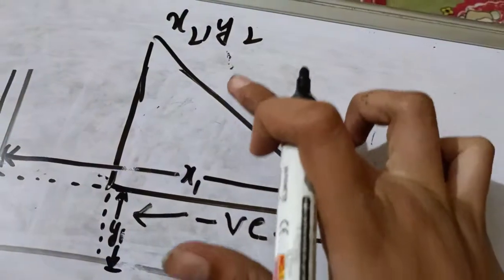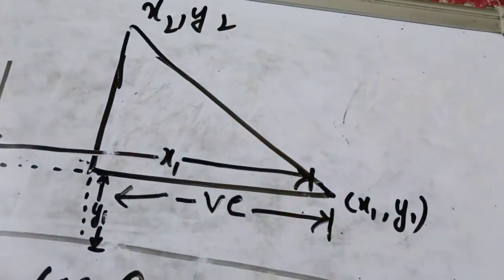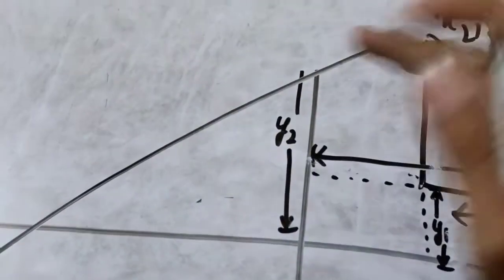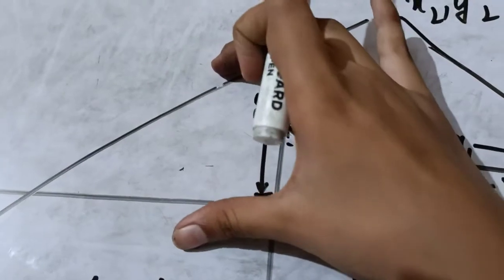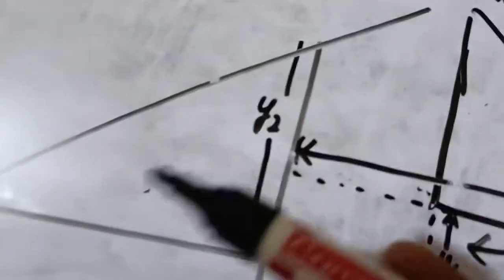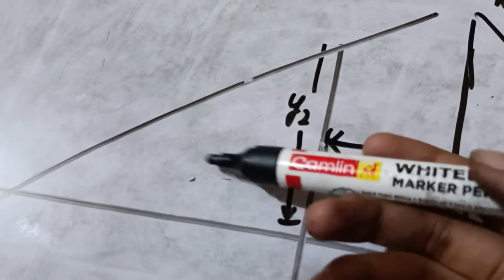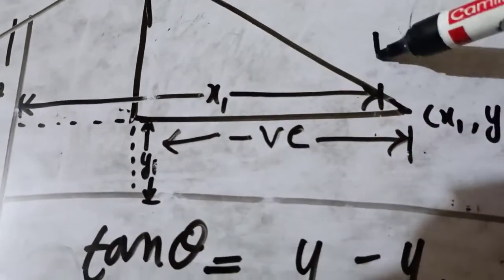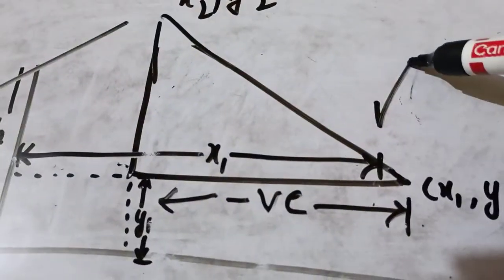The slope you get by the formula in this line is the same as the slope you get by this formula.